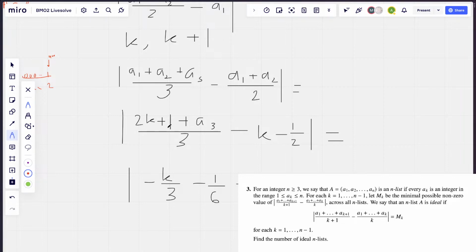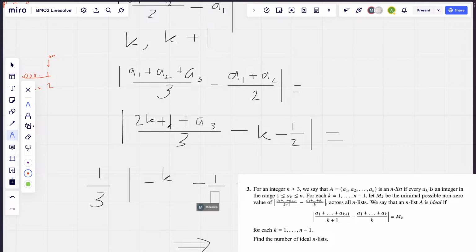Plus A3 over 3. So we want that to be minimum possible without it being 0, which means that I think we can just get rid of the 3's here and put factor 3 here.